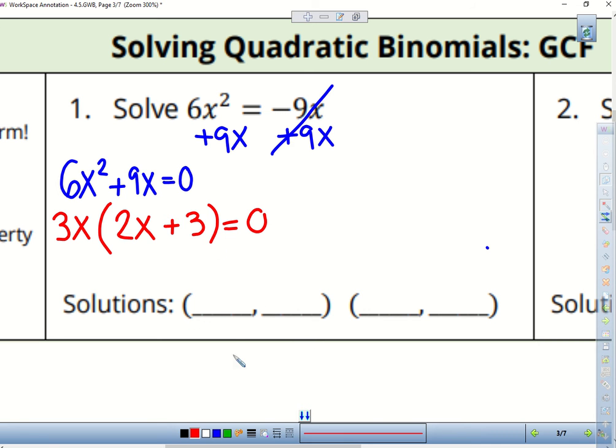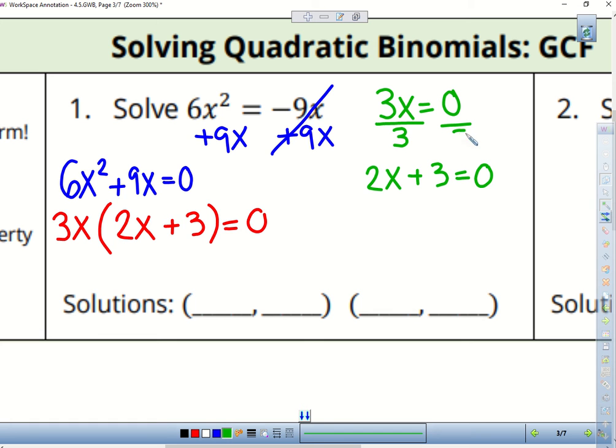This is where we would have left off last week when we learned about factoring, but now we're going to take it to the next step. You're going to set each of these factors equal to 0. So you set 3x equal to 0, and you also set 2x plus 3 equal to 0. How would I solve the first equation?